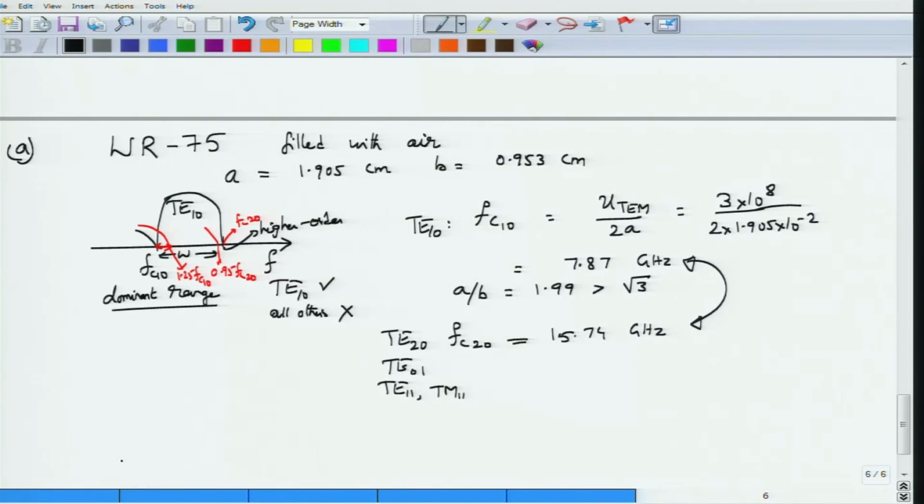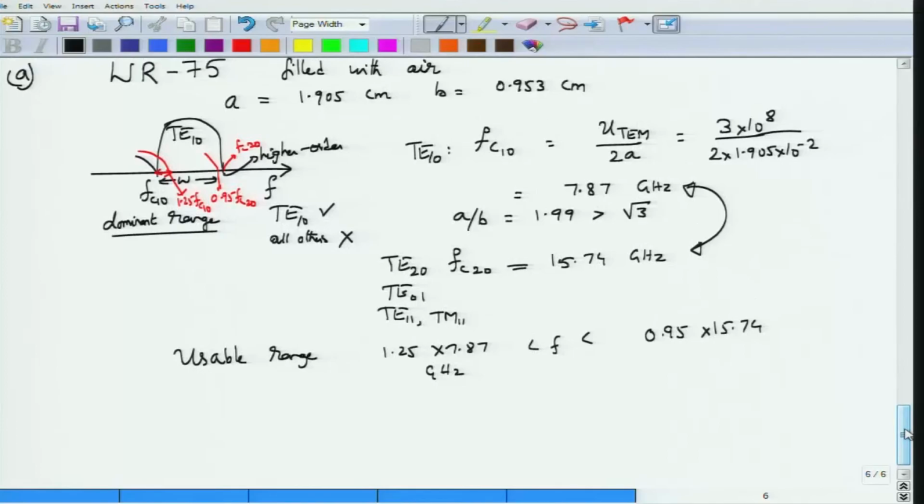So if you calculate the usable range according to that, the usable range for this example would be 1.25 times 7.87 gigahertz to 0.95, 5% less than the next higher order mode, which is 15.74 gigahertz, and numerically these values turn out to be 9.84 gigahertz to 15.35 gigahertz.